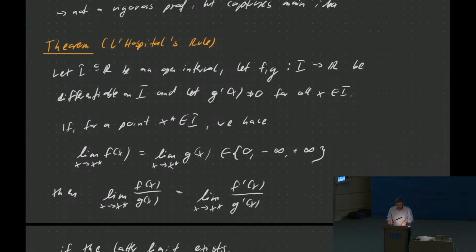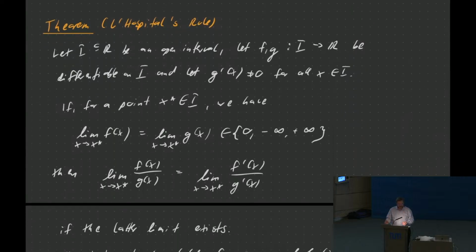I'm not going to present the proof, but rest assured it can be proven rigorously. All you need to remember is how to apply that rule. Basically what it says is you have two functions that are defined on some open interval I and are differentiable on I. G prime is not equal to 0 in that interval. And of course you can restrict that interval to be close enough to the point that you're interested in.